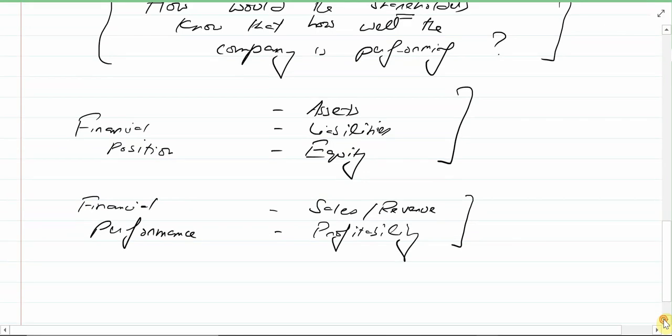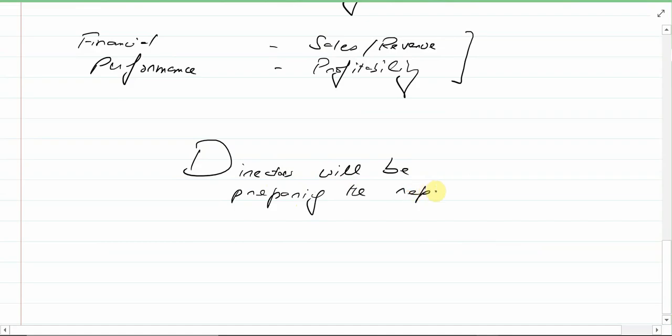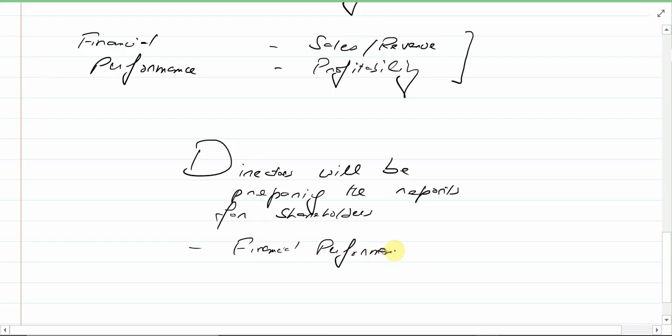Now, the directors will be preparing the reports for shareholders, which show the financial performance as well as the financial position of the company.